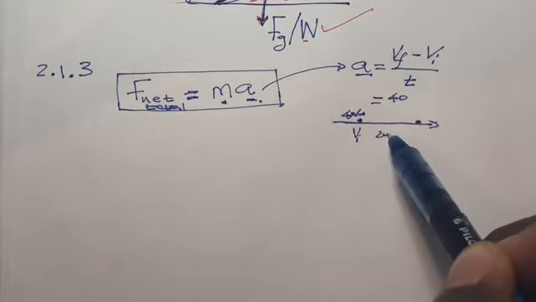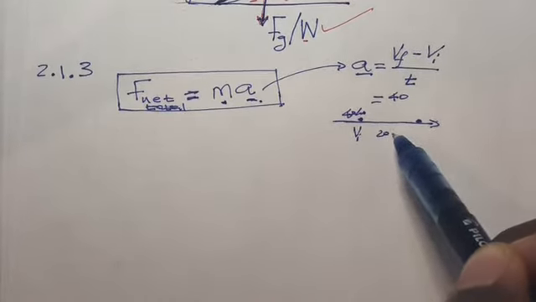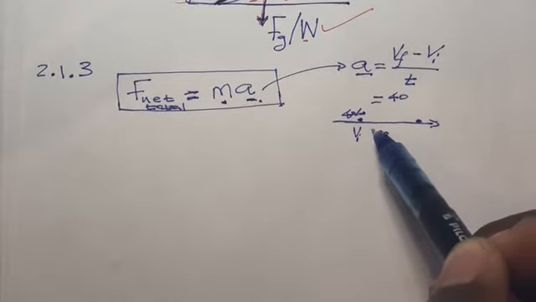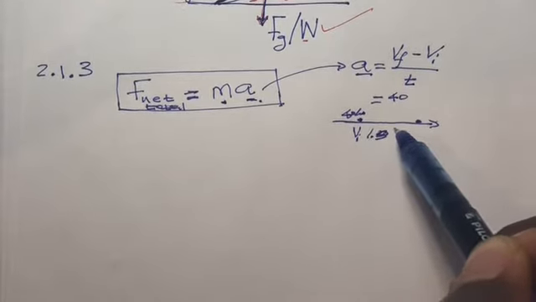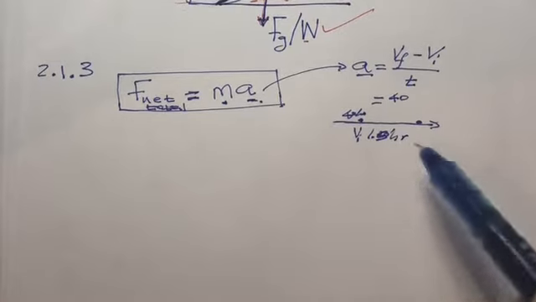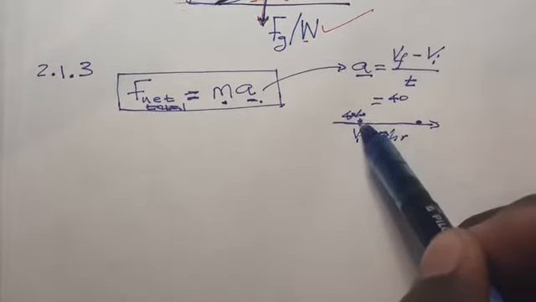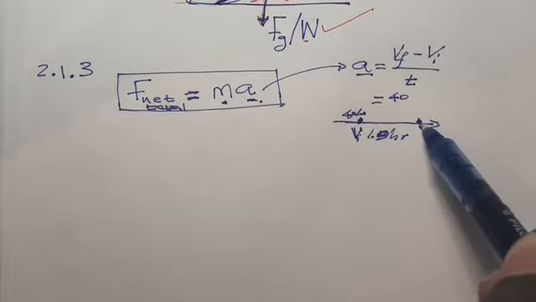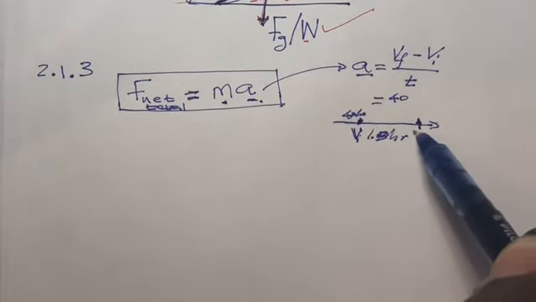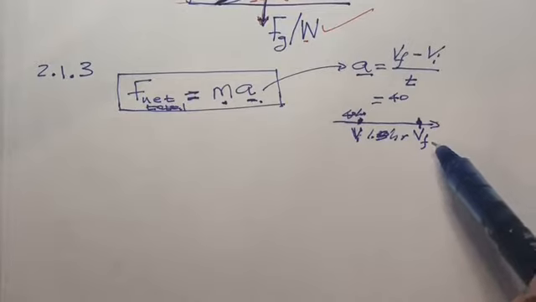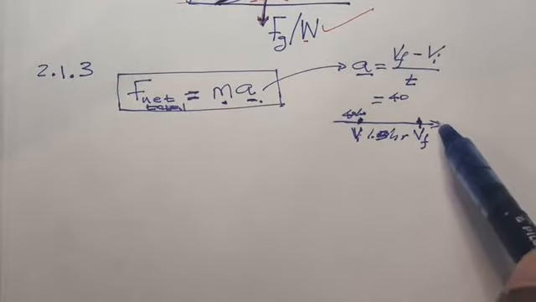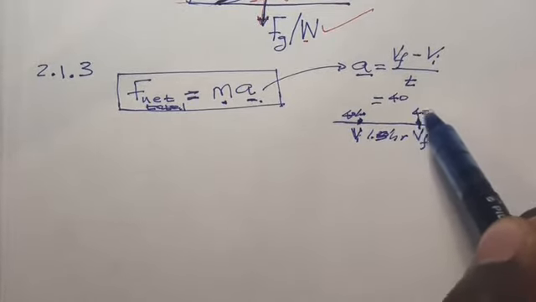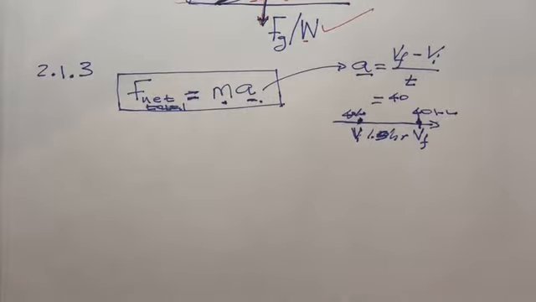Let's say it took 1.5 hours to travel from point A to point B. Point A is the initial point, point B is the final point, where we know its final velocity was still 40 kilometers per hour.